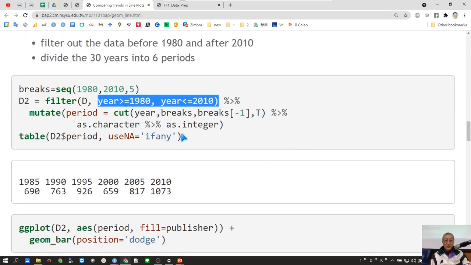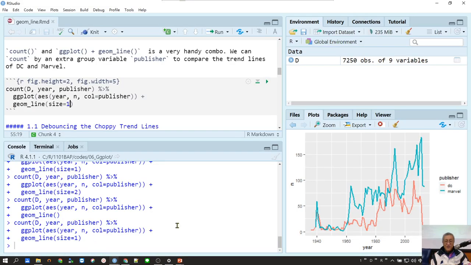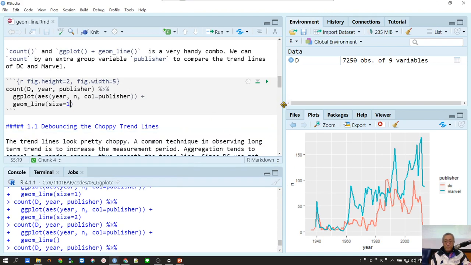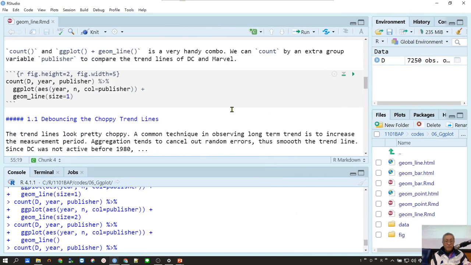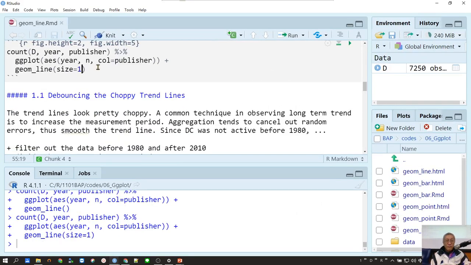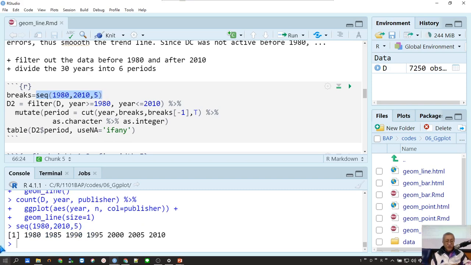So let's go to RStudio. As I told you, this thing is just to generate this vector, right?